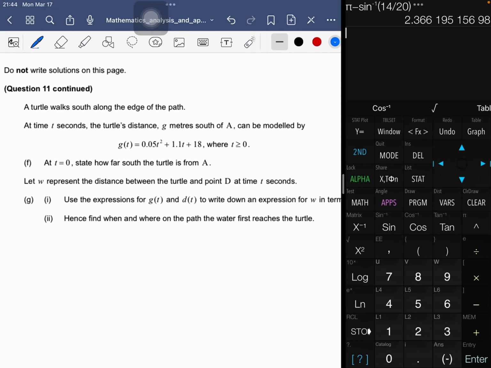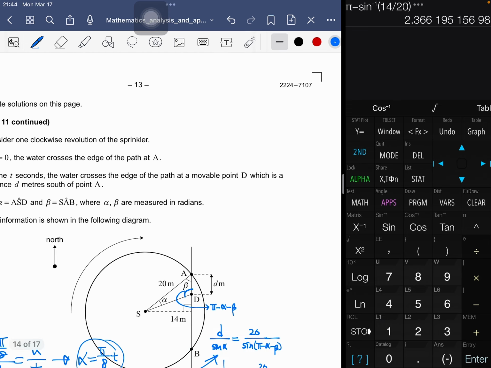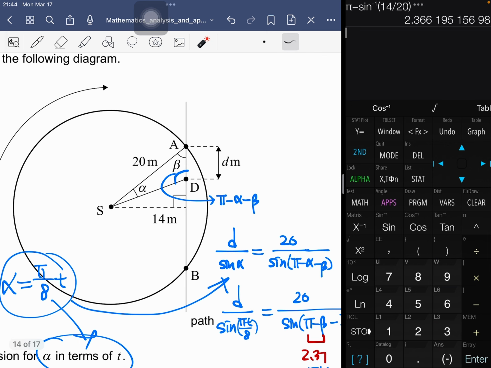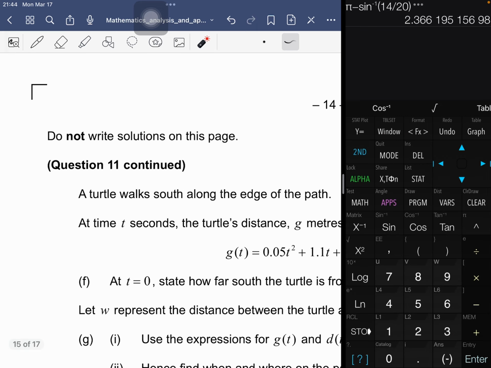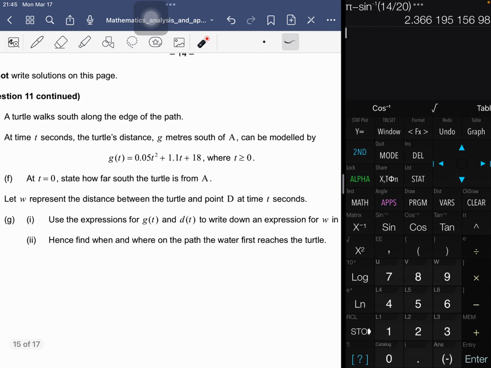Okay, the turtle walks south along the edge of the path. At time t seconds, the turtle's distance in meters south of A can be modeled by this function. So the turtle's position can be modeled by this function.